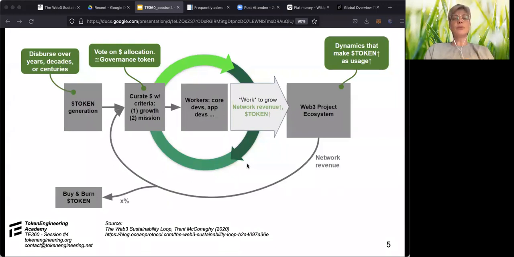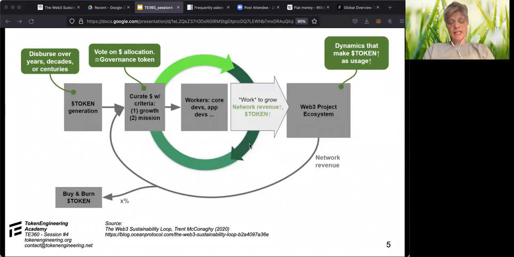At its heart, it's a loop designed for the snowball effect growth of the system. The workers in the center do work to help grow the Web3 project ecosystem on the right. Apps and services generate revenue using the Web3 project's tools or infrastructure, and a non-extractive fraction of that revenue is looped back. This lower arrow looping from right to left as network revenue to the Web3 community, the token holders, to buy.